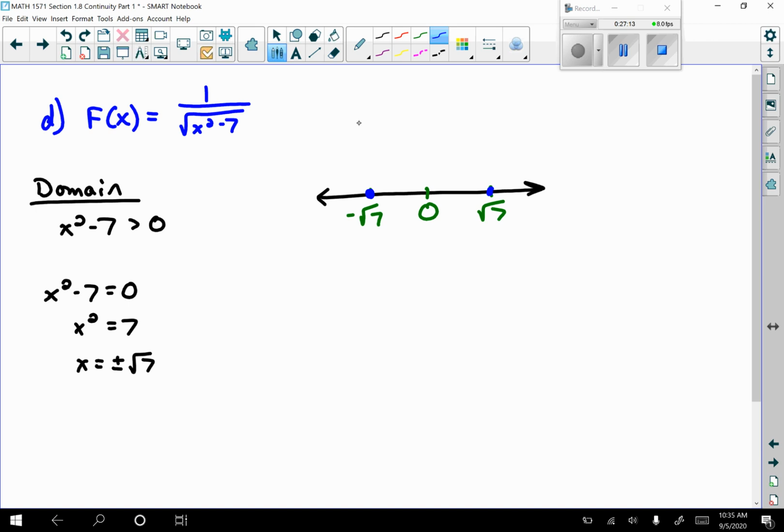And imagine that I have a parabola going through this. I'm just not graphing the y-axis. That would go just right here through the middle. So this parabola is greater than 0, sitting above the x-axis. All the y values are greater over here and over here. So this tells me this is not the graph of f of x. This is just helping me figure out the domain of f of x.